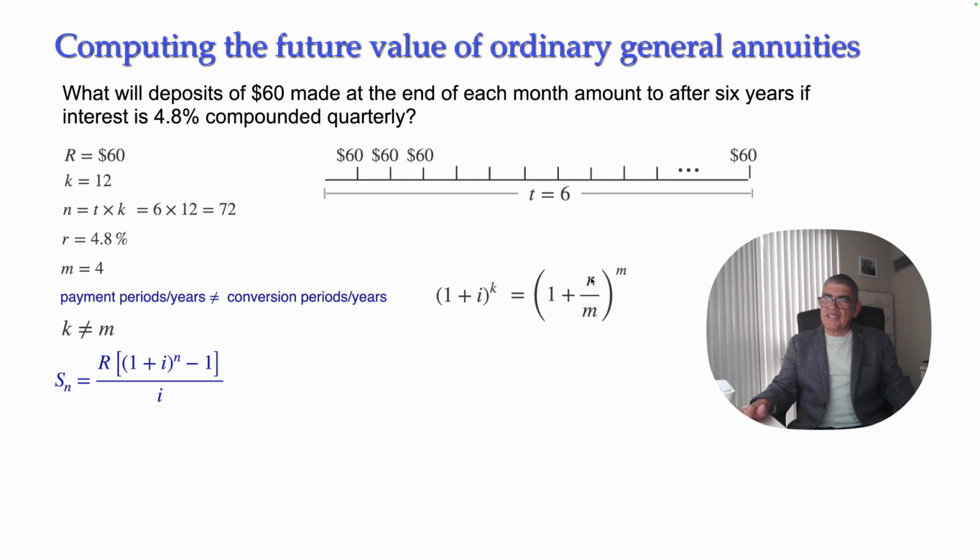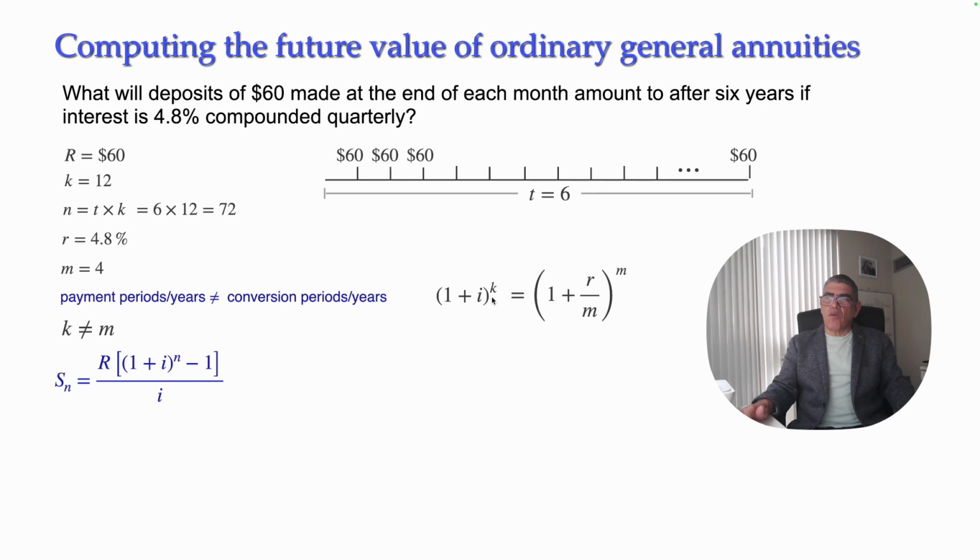In this case, we divide the nominal rate of interest by m to get the periodic rate of interest. This i is already a periodic rate of interest compounded monthly. But let's just compute the periodic rate of interest, the rate of interest compounded monthly. So one idea is just to take the k-th root of both sides, dividing both exponents by k.